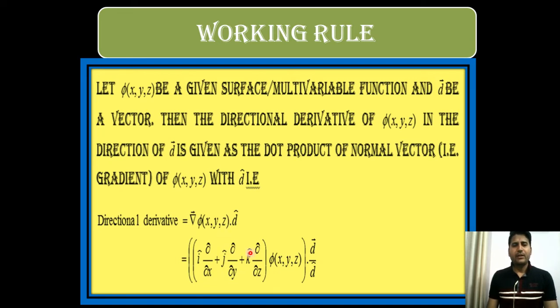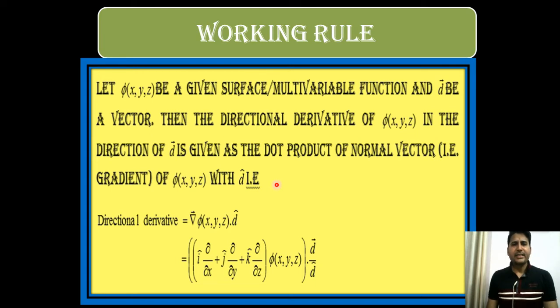Remember only two things here: we need to find the gradient of that surface phi, that is del phi, and we will take the dot product in the direction d. So when we get a problem on directional derivative, first of all we have to decide what the function is, that is the surface phi. The second thing, we need to decide what the direction d is.